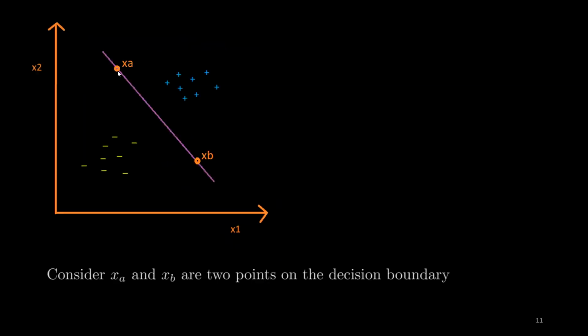Now suppose I have two points, XA and XB. These two points are on the decision boundary. So XA is on the decision boundary and XB is also on the decision boundary. Consider XA and XB as two points on the decision boundary. Now put the values of these two points in the equation of the decision boundary.